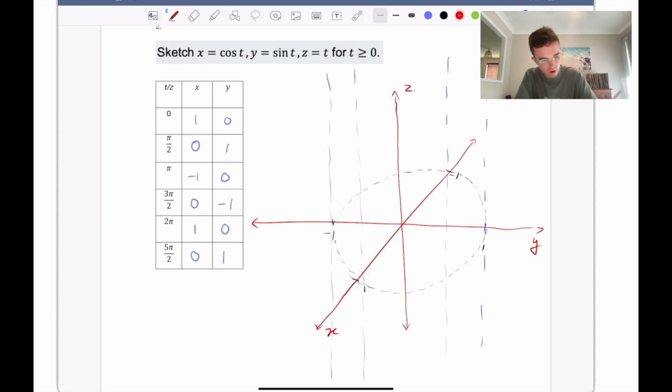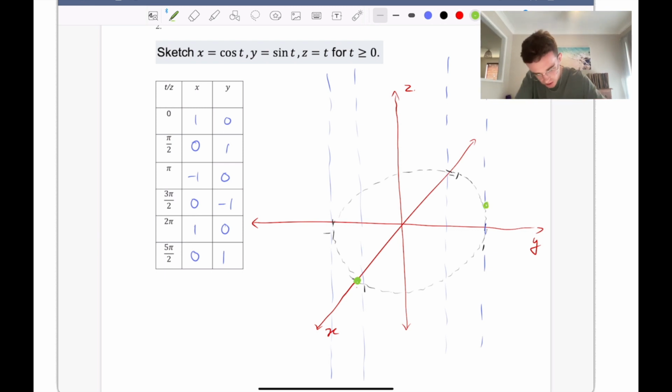So we've got x is 0, y is equal to x is 1, y is 0. So we're here. And then our next point, I'm going to draw in 2 points, and then I'm going to do the rest. Because it's a helix, it's going up in a spiral. We're here.